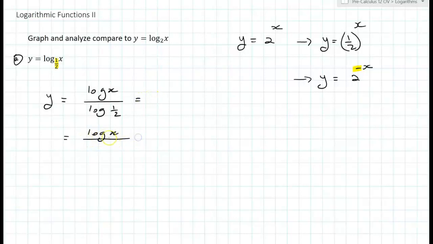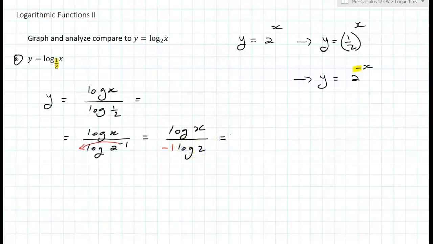x divided by, actually let me do one more step. So this is log of 2 to the negative 1, which is equal to log of x divided by, I'm going to bring the negative 1 to the front now. Here it is. That's the power rule of the log. I'm using that, log of 2.